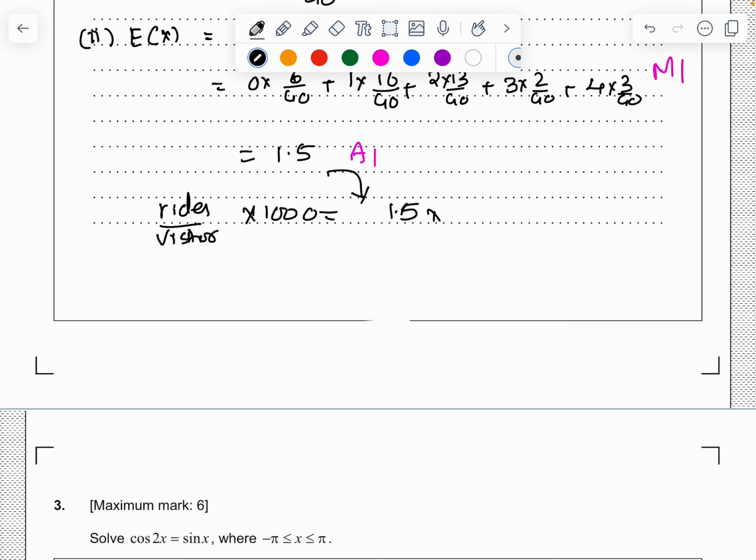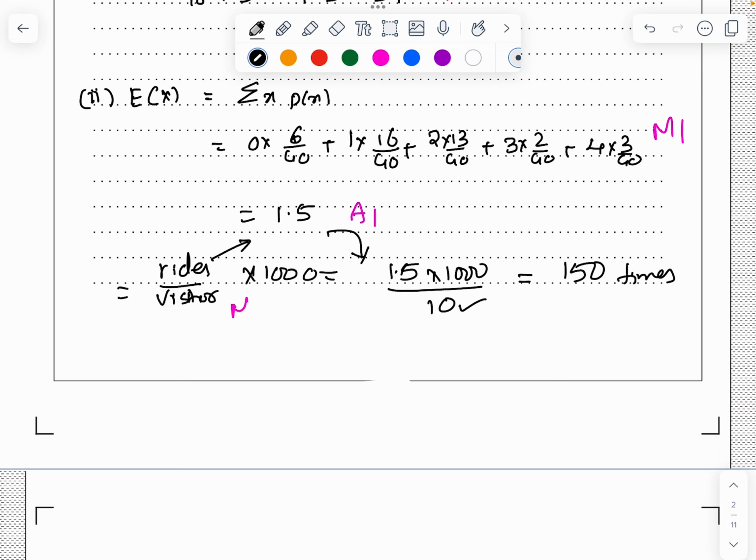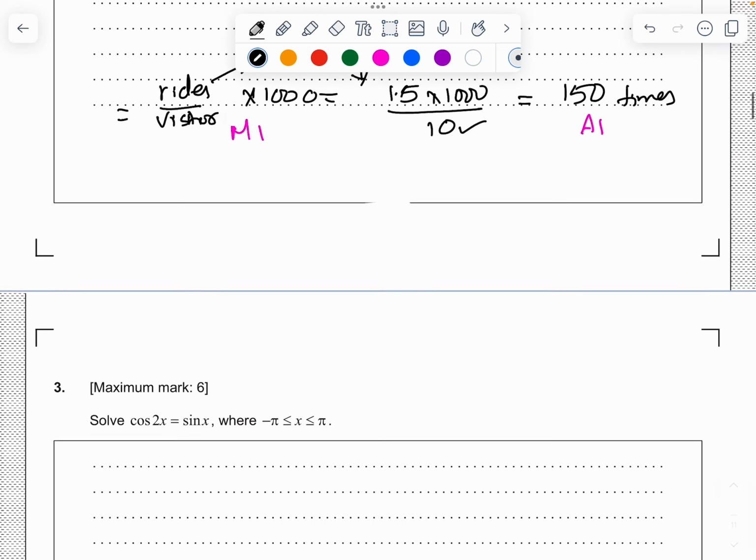Then times 1,000, but each ride can take only 10 people, so divided by 10. So it's going to be 150. So the number of rides per visitor is going to be 1.5. That should be multiplied with the total number of visitors, 1,000. But again, each ride can take only 10 people. So divide by 10. So the answer is going to be 150 times. And I write it out over here, method marks and accuracy mark.